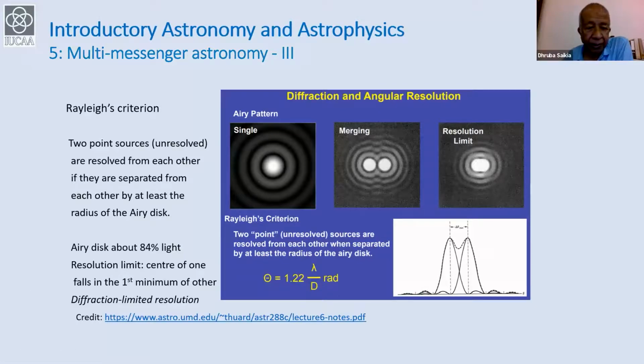Now, for a single point source, the resolution is ultimately given by Rayleigh's criterion. For example, if there are two point sources which are close together, you would be able to resolve them depending upon the angular resolution of your antenna. And the angular resolution of your antenna, including your eye or any telescope, is given by the size of this disk over here.